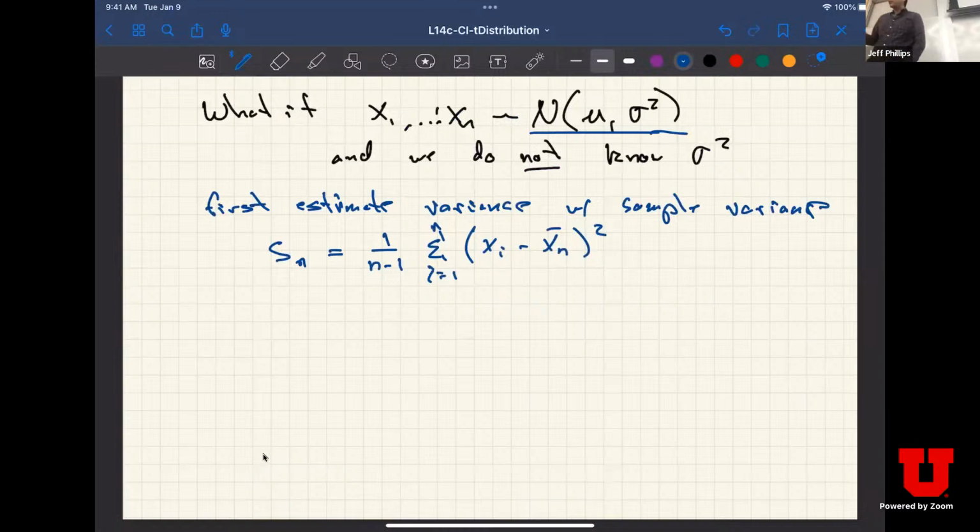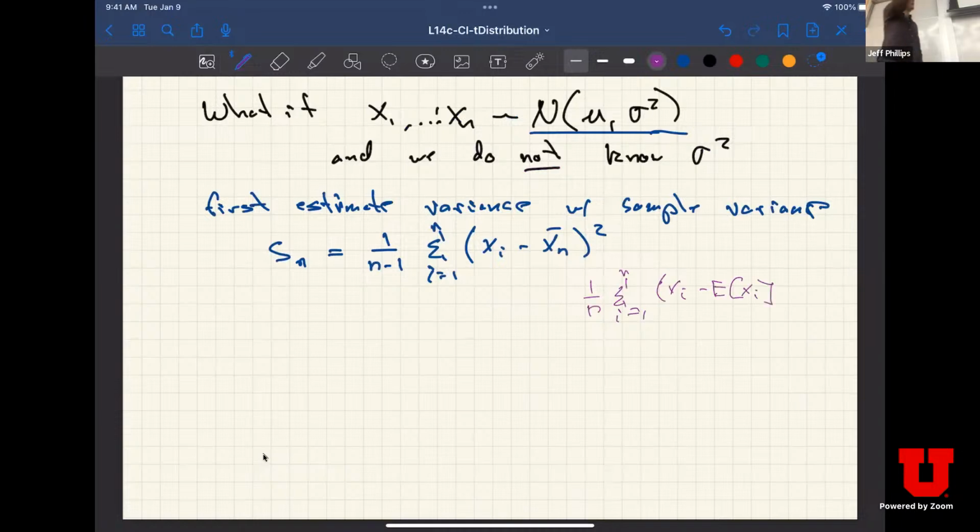Another estimator of the variance would have been 1 over n, the sum from i equals 1 to n of (Xi minus the true expected value of Xi) squared.